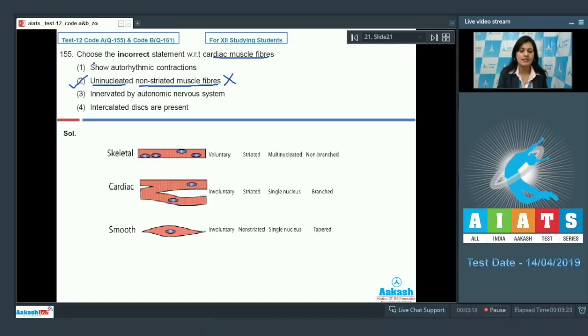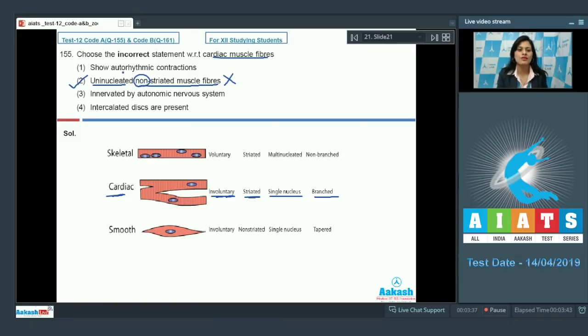So this is a correct answer to our question. As you can see here, cardiac muscle fibers are involuntary. They are innervated by autonomic nervous system. They are striated in appearance. They have single nucleus, that means they are uninucleated, and they are branched. So these are striated muscle fibers and not non-striated muscle fibers.